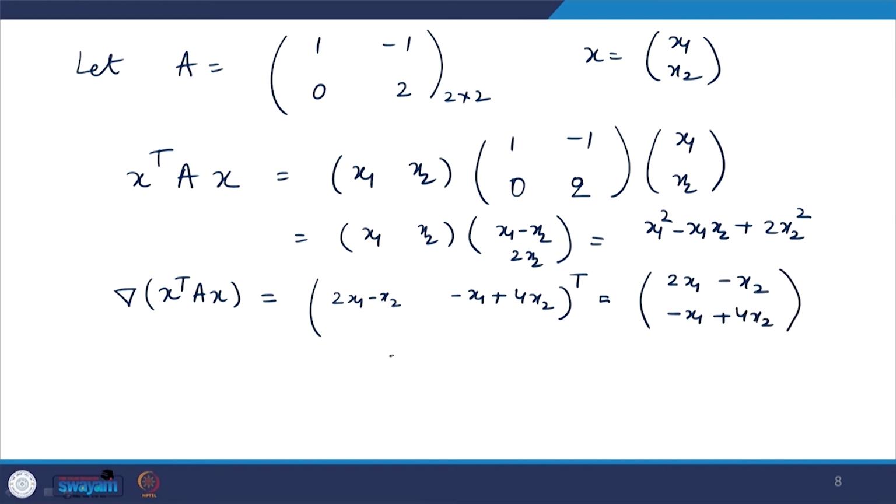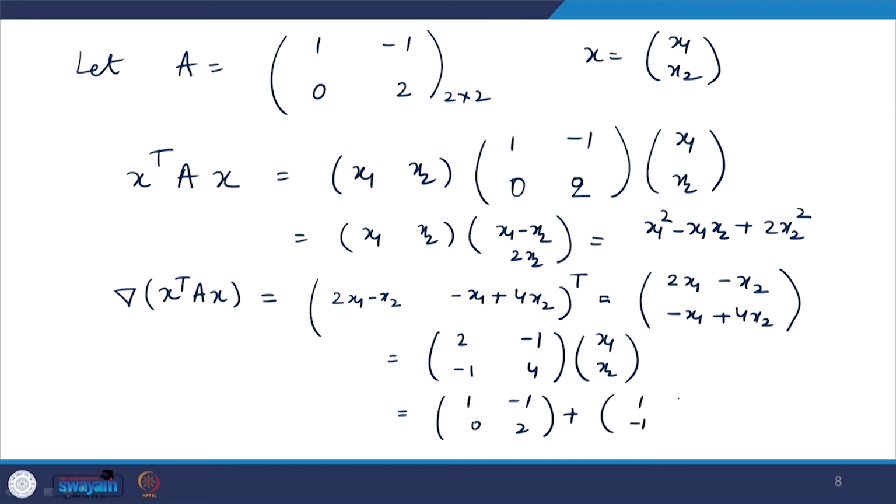So, this is further equal to [2 -1; -1 4] times [x1; x2]. See, this row this column gives the first element, this row this column gives the second element. Now, if you see this matrix, it is [1 -1; 0 2] plus [1 0; -1 2], times [x1; x2].